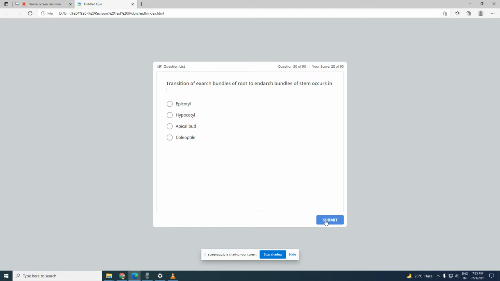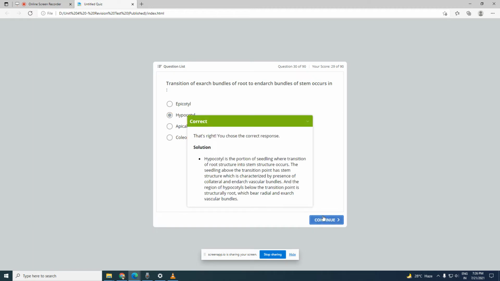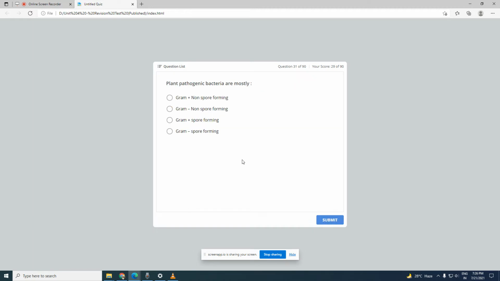Which is the right answer? So the right answer is option B, hypocotyl is the right answer. Let's go to the next question.